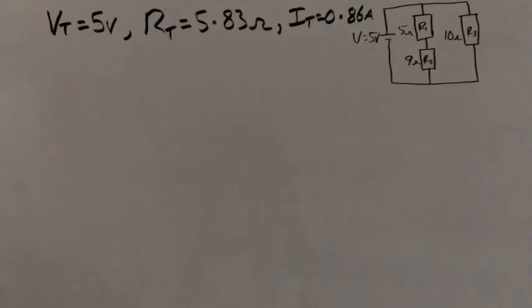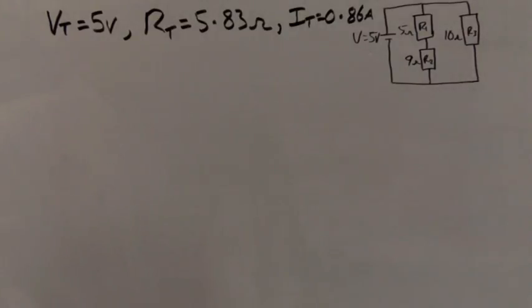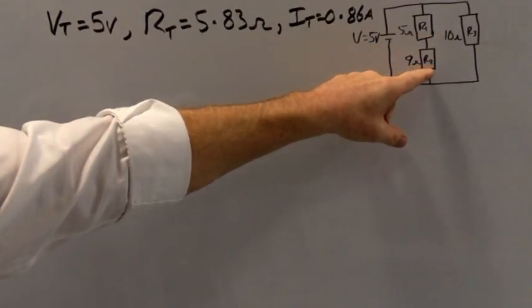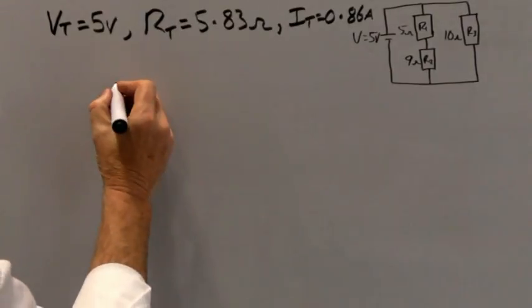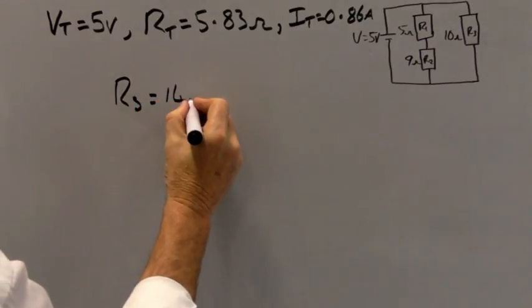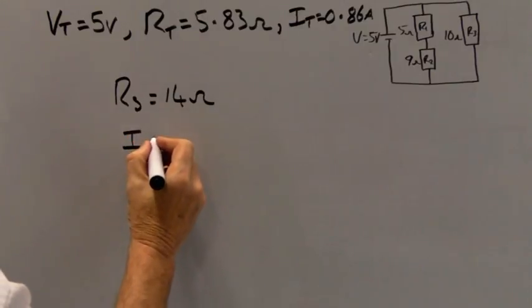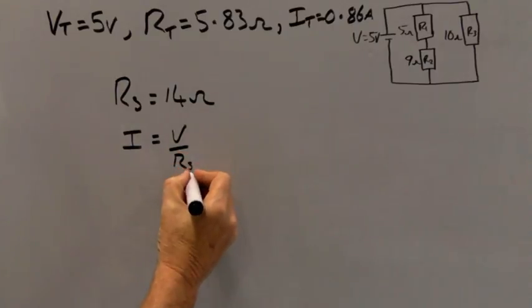Okay, so now I've found the total current. I need to find the current through each resistor. We know that there's 5 volts across these resistors, and we also know that RS, the series circuit, is equal to 14 ohms. So the same current flows through R1 and R2, and we could just use the series resistance for that. To find the current, I equals V over RS.